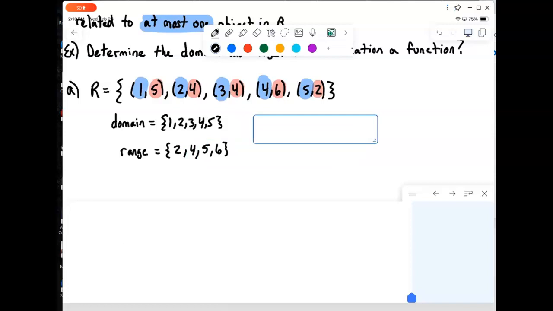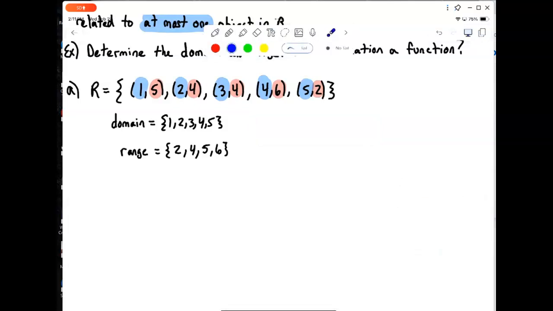Then we come to the question, does this qualify as a function? Does this satisfy the restrictions that a function puts on a relation? Now, some people will look at a problem like this and see the 2 going to 4 and 3 going to 4 as a problem.